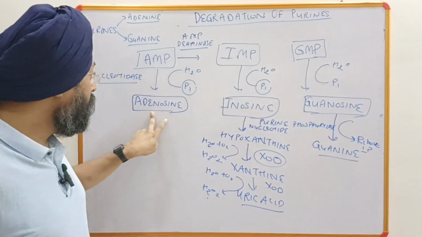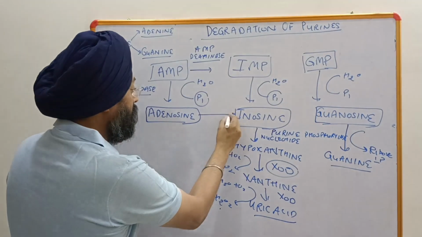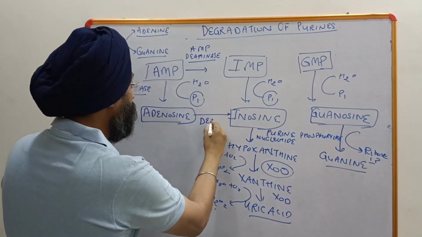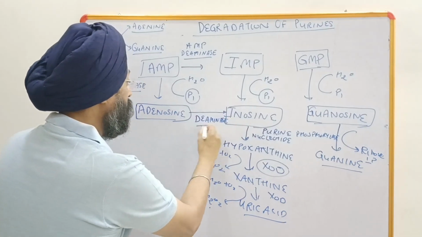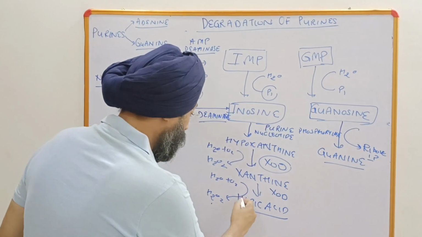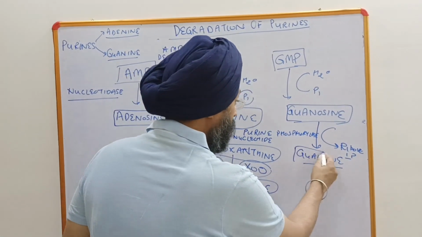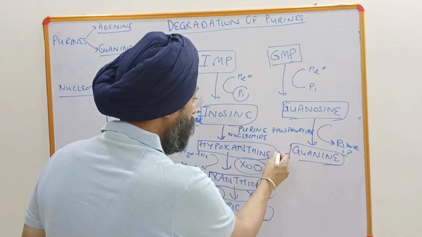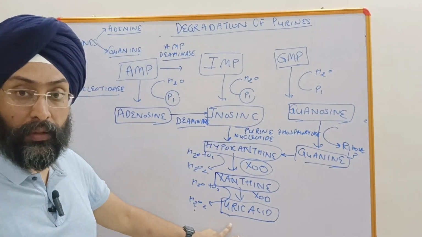And adenosine here can be converted into inosine by the enzyme deaminase. So the final product is uric acid, right? This guanine can be converted into hypoxanthine as well. From hypoxanthine, it is finally converted to uric acid.